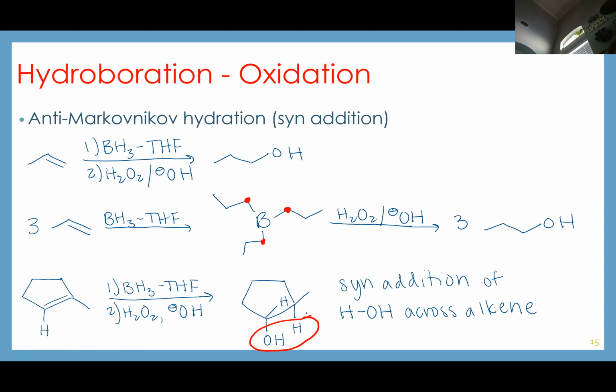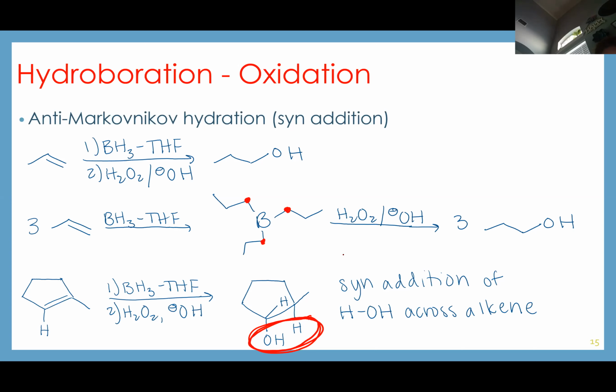So your product is always going to end up with the oxygen and the hydrogen that you added on the same face. So typically if there's a substituent on the alkene, it's going to end up trans to the alcohol.